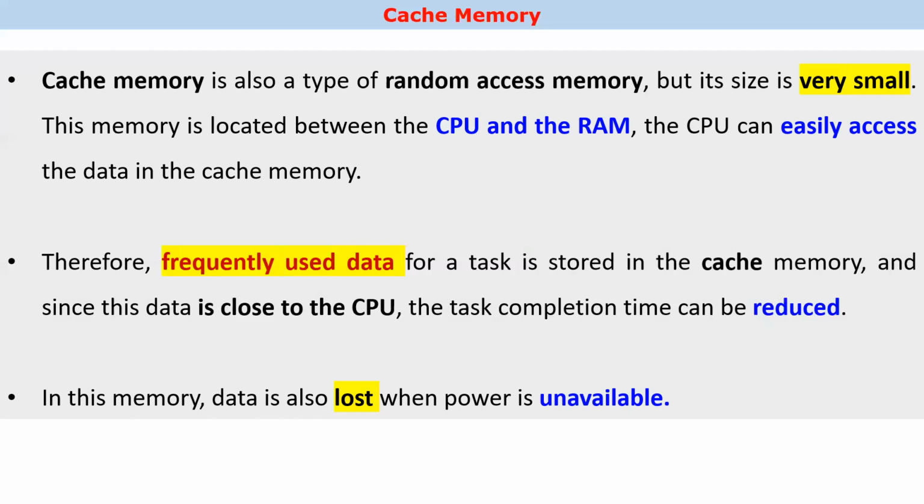It's used to store frequently used data. The purpose of having cache memory is improving the speed of the computer. However, the data will be lost if power is not attached to your computer. Therefore, it's also known as volatile memory.